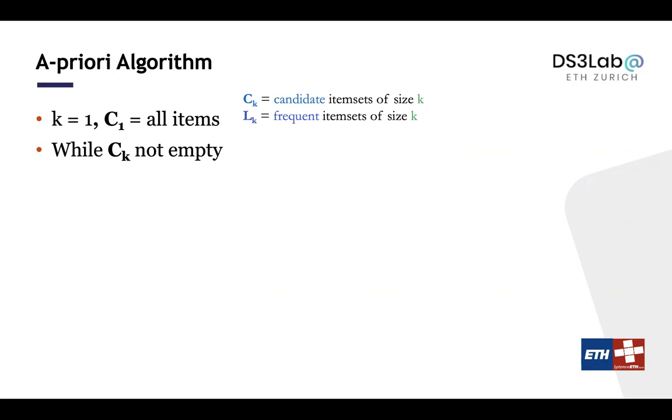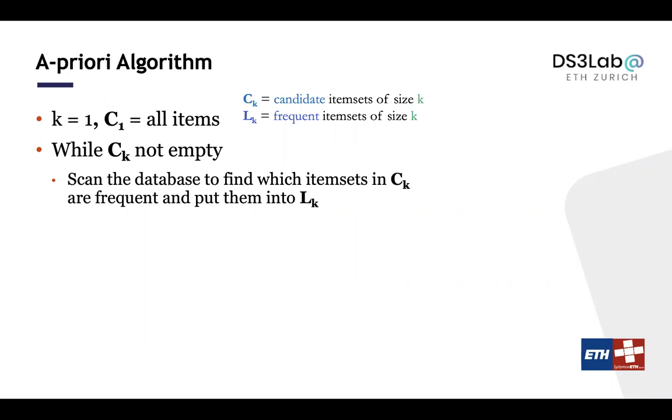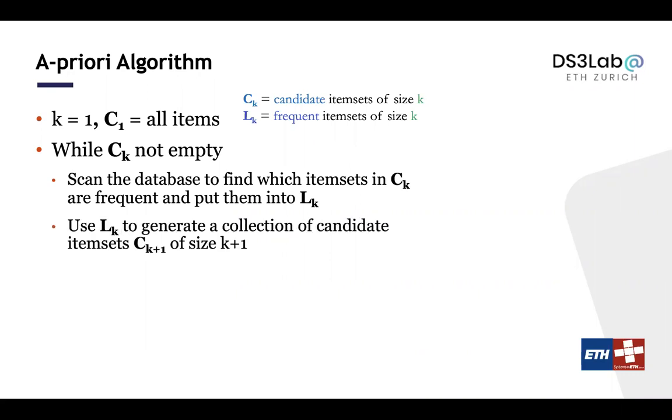If CK is already empty, it means that you do not really have any frequent items of size K. So you don't need to care about K plus 1 anymore, because all the supersets are going to be less frequent. If CK is not empty, you scan the database to find which item sets in CK are frequent and put them into LK.